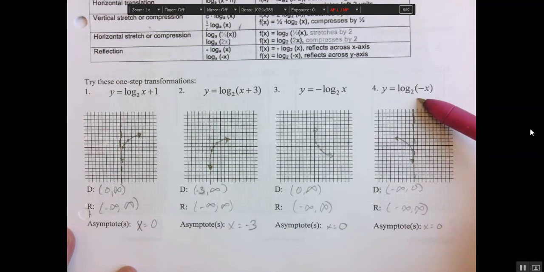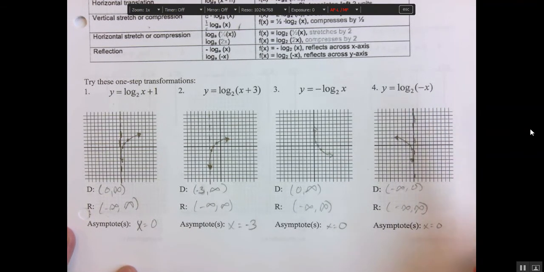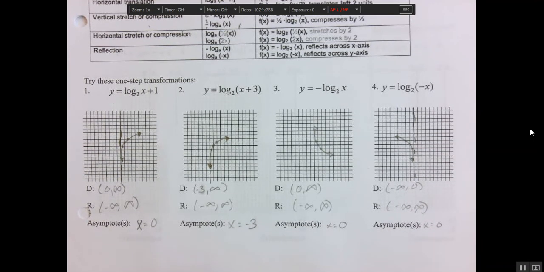And then this last one was reflected horizontally. So your point that was at 1/2, negative 1 is at negative 1/2, negative 1. Okay? So make sure you can see your points here. Make sure you've adjusted your domain because it's the left half of the graph instead of the right half of the graph. Do you guys have any questions on this work?